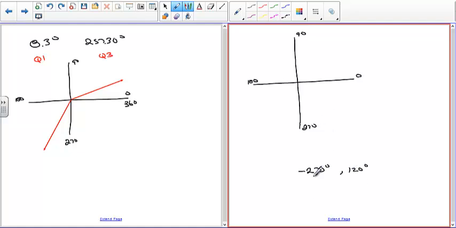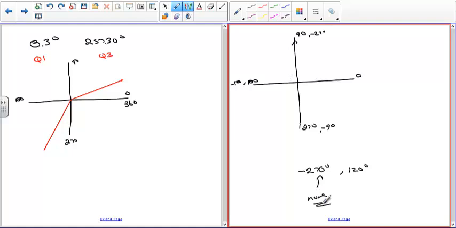So here we have negative 270. So if this is positive 90, this is negative 90. This is negative 180. This is negative 270. So if I go negative 270, I'm going to be pointing up here. So this one, there is no quadrant. So if you're pointing in the direction of the axes, we would say none.